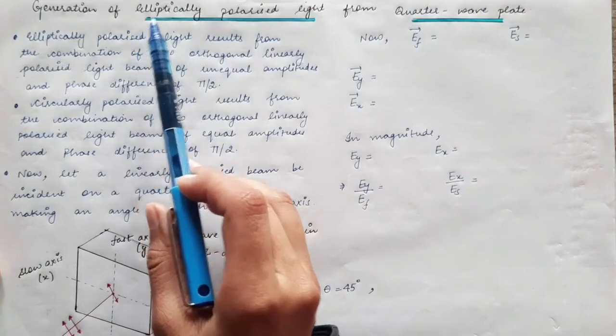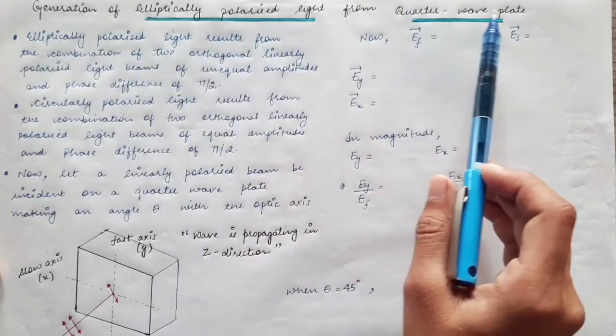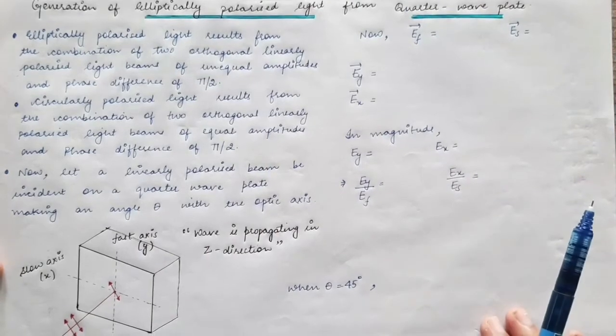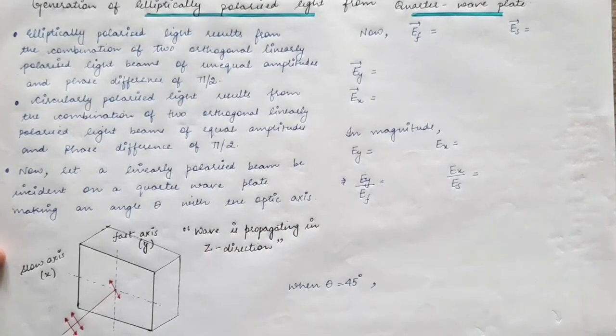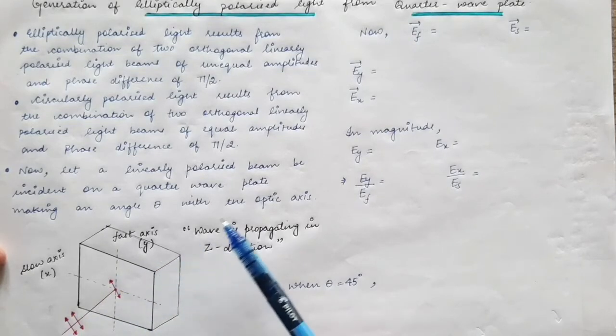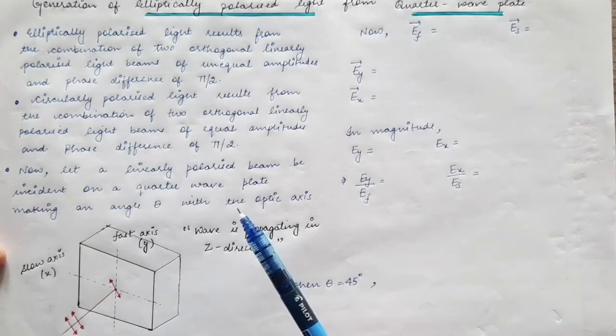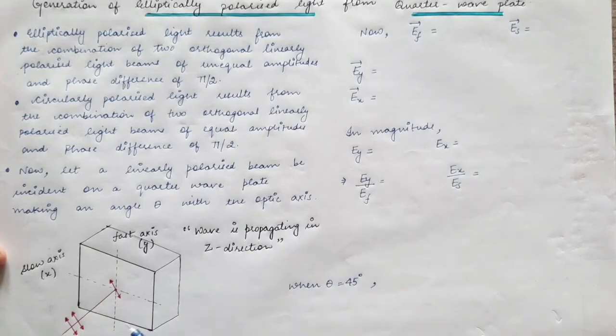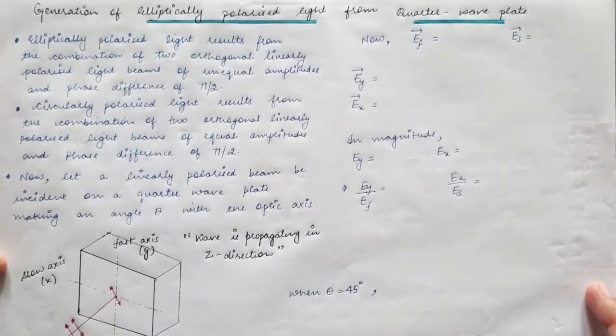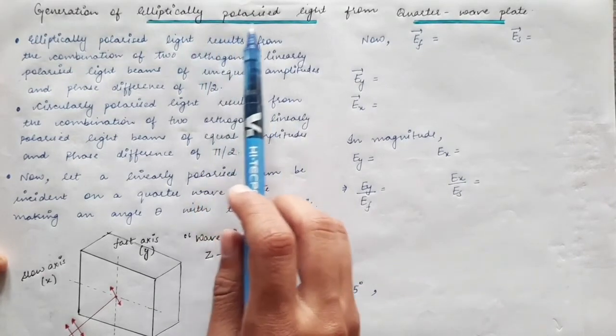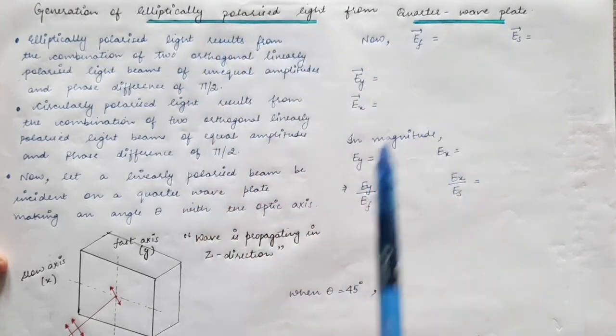When a plane polarized light falls on a quarter wave plate, the light which emerges out is elliptically polarized light, and in a special case it will be circularly polarized light. We are going to prove this.